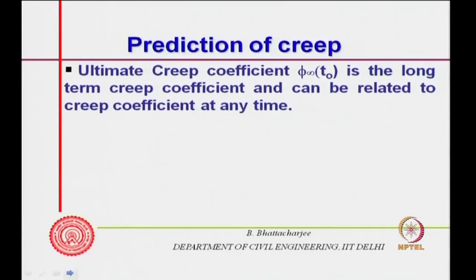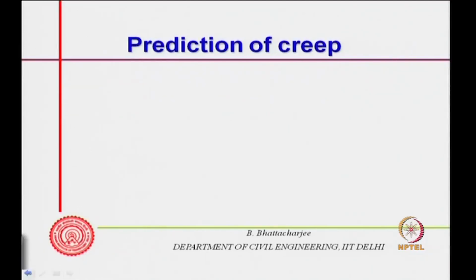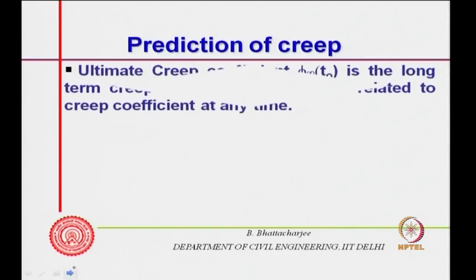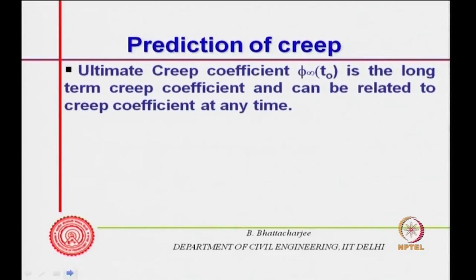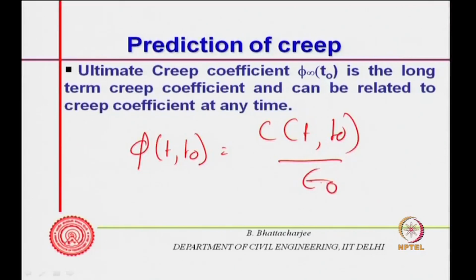Ultimate creep coefficient is the long term creep coefficient, and it can be related to the creep coefficient at any time. We have defined phi(t, t0) as C(t, t0) divided by epsilon 0.